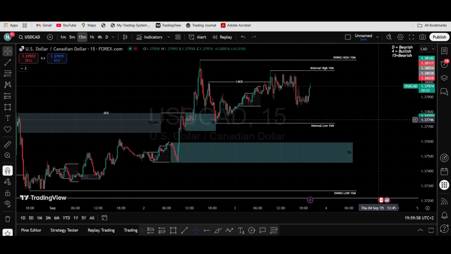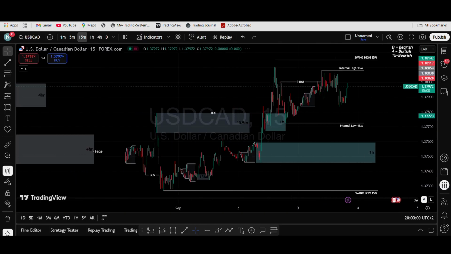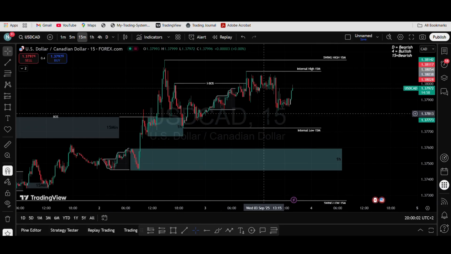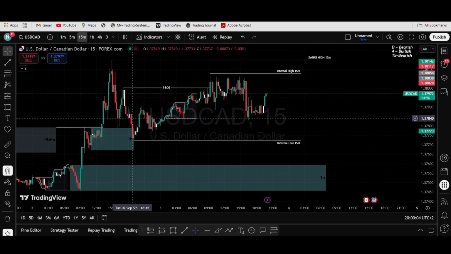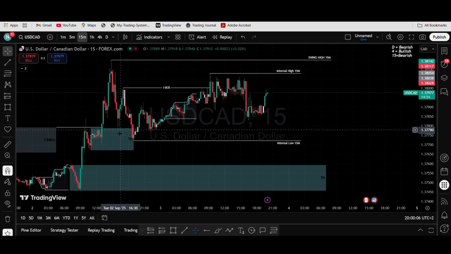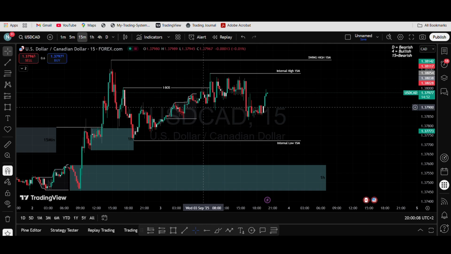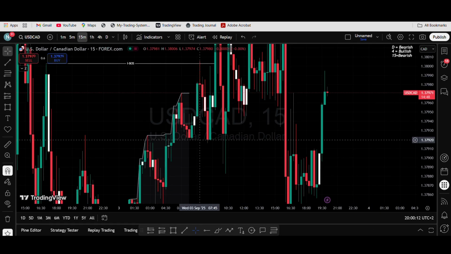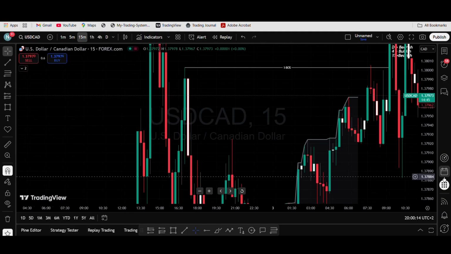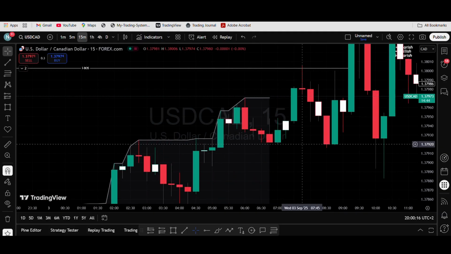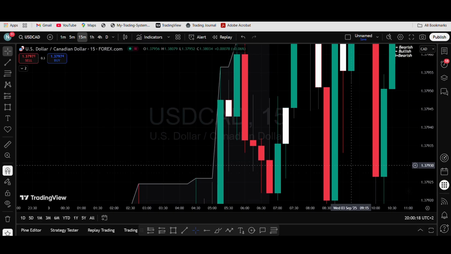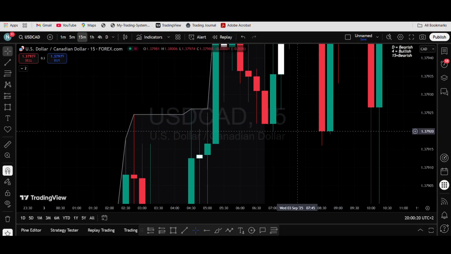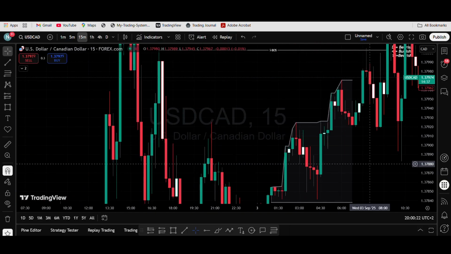So on the M15 coming into today, right, this would have still been bearish, coming into here would have looked for the break of this. This does not look like it's enough. You need a more convincing break than that.